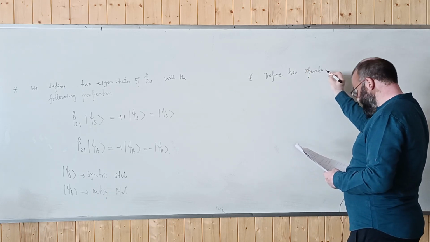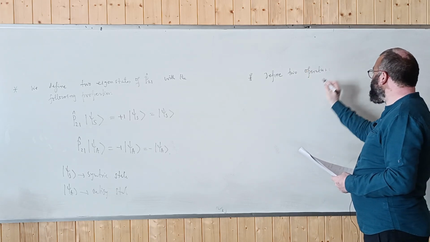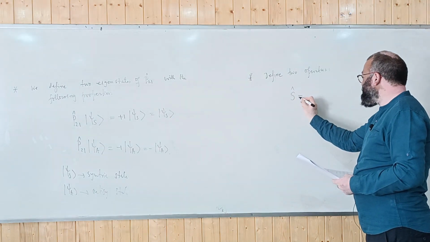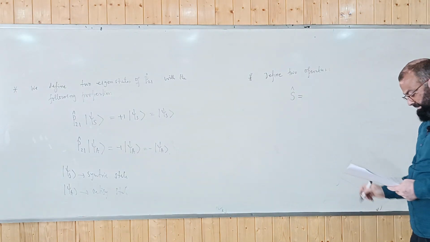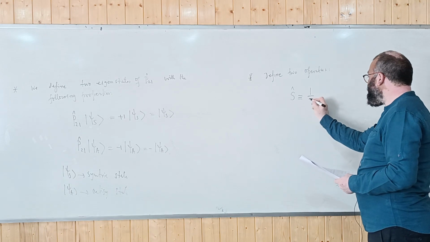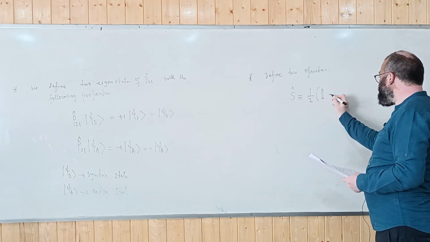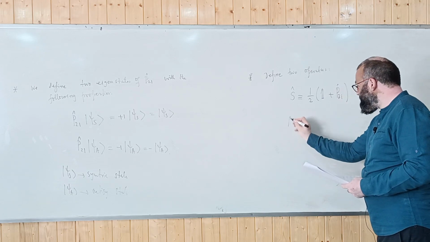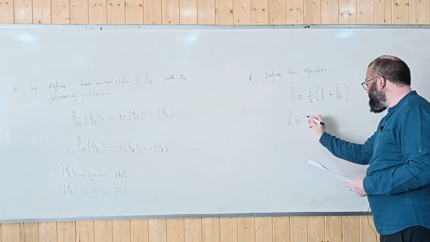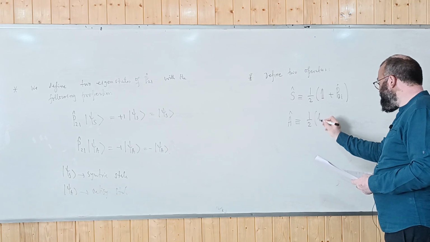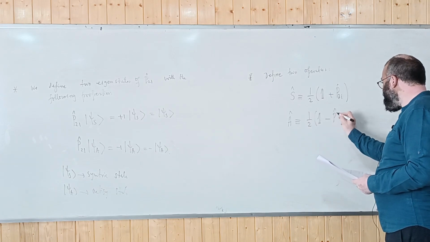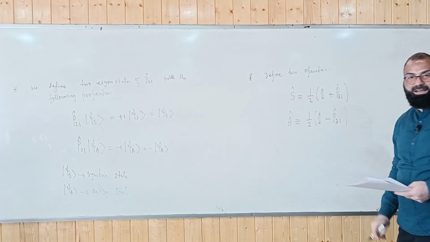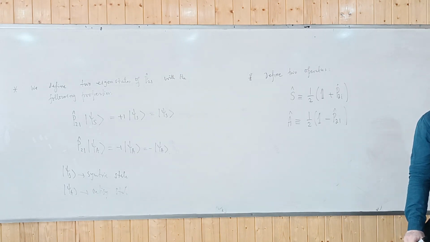S is an operator defined as half of identity plus P21, and another operator A is half of identity minus P21. Got it?